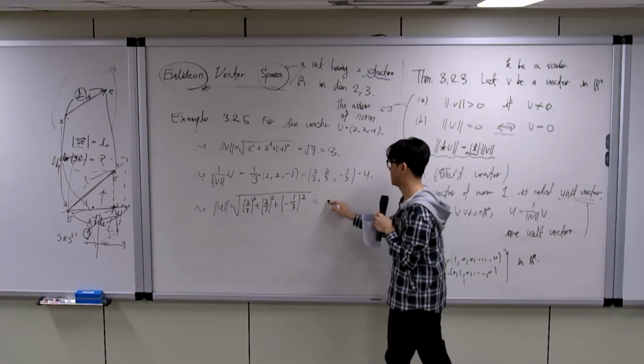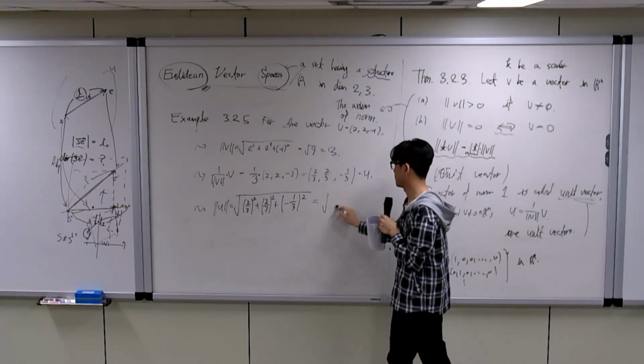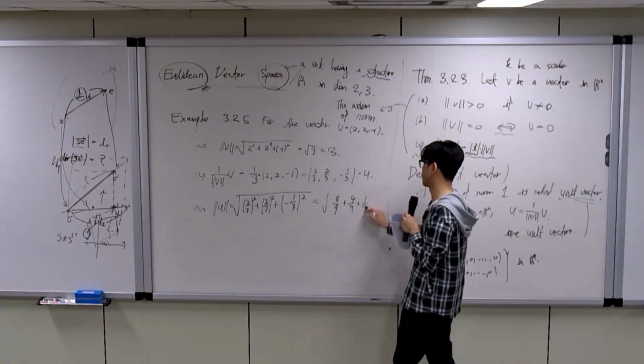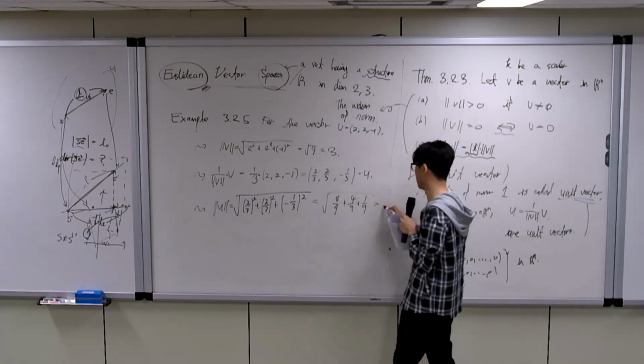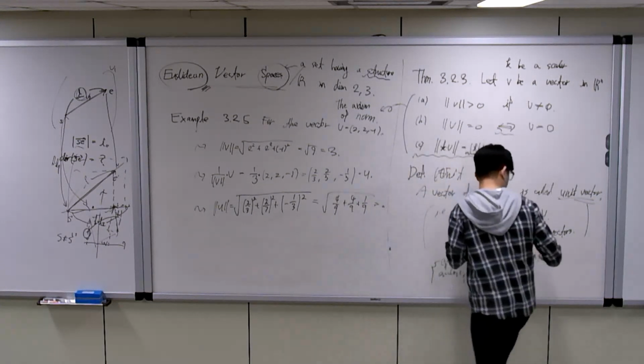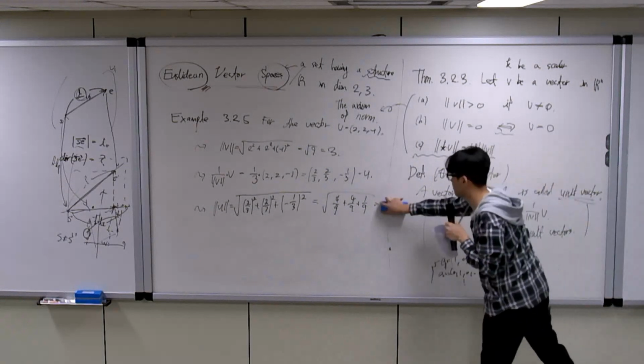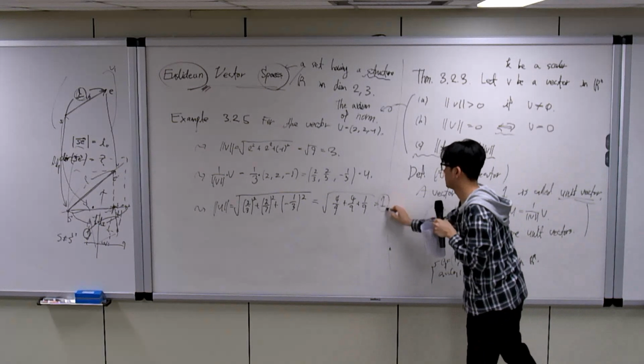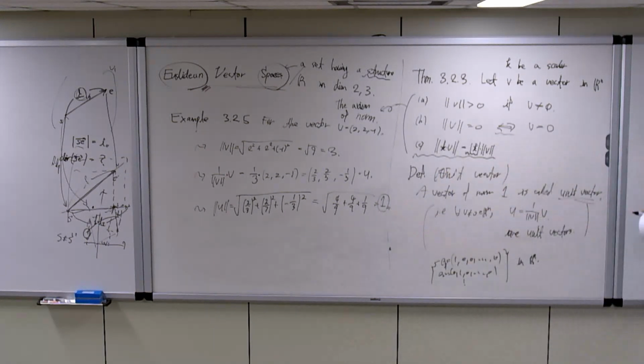Then it is 4 over 9, 4 over 9, 1 over 9, so it will give the norm 1. So it is a unit vector.